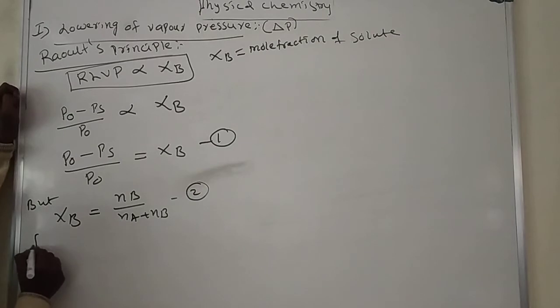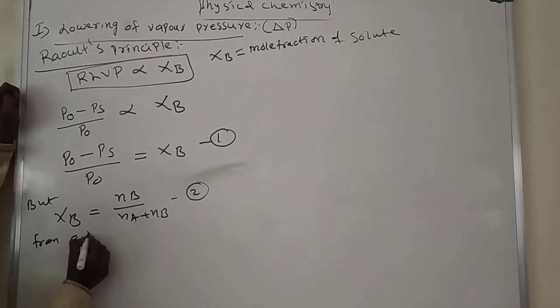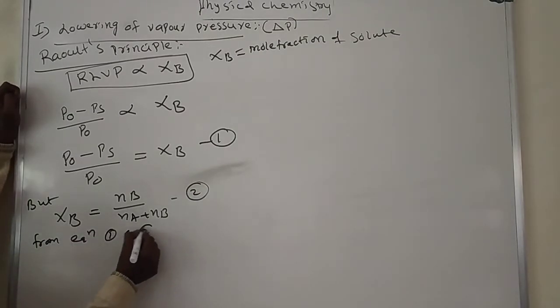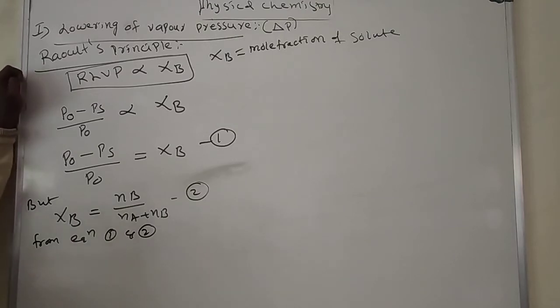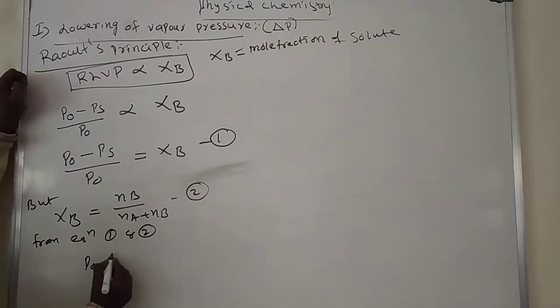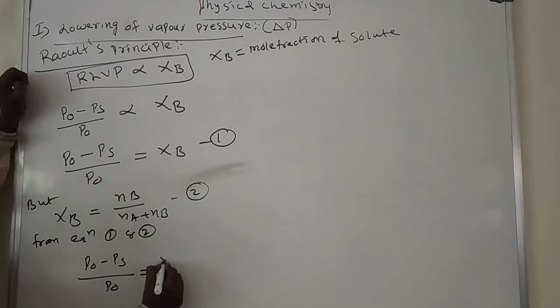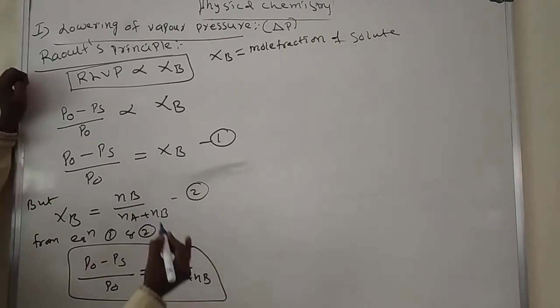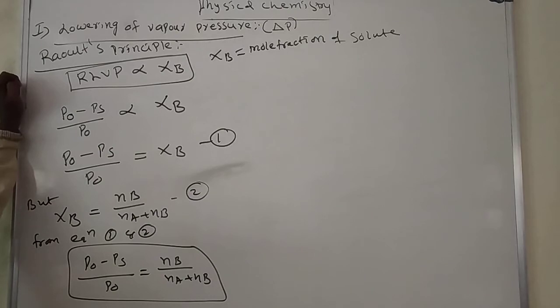From equation 1, what do we get? P naught minus Ps by P naught is equal to Nb by Na plus Nb. This we call the Raoult principle.